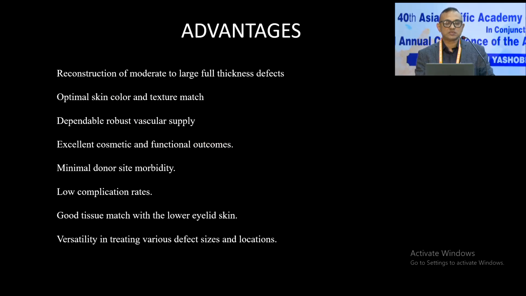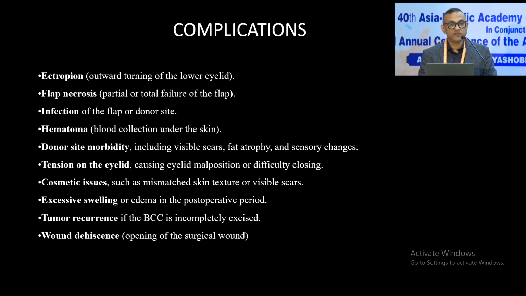So this Mustardé rotational flap can be used for moderate to large full thickness defects. It has got excellent cosmetic and functional outcomes with low complication rates, and it is a versatile tissue. But definitely there can be ectropion formation.